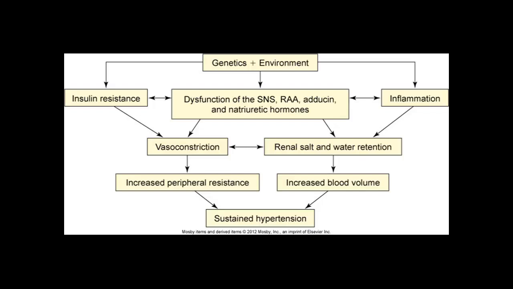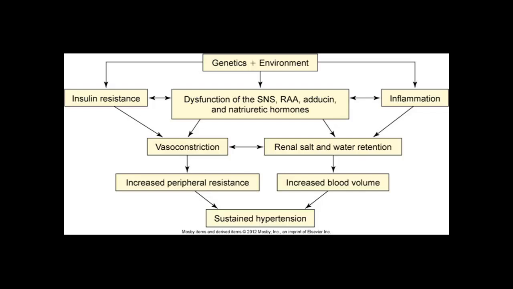On the right-hand side, our renin-angiotensin aldosterone system and our sympathetic nervous system, along with inflammation, will cause renal salt and water retention. Those things increase our blood volume, whereas on the left-hand side, the vasoconstriction increases our peripheral resistance. So put that all together, and what do we get? We get sustained hypertension. So we have an increase in total volume, we have an increase in our vascular resistance.